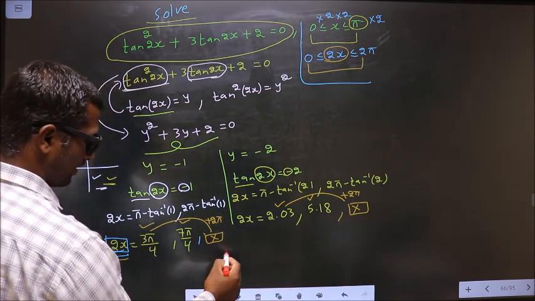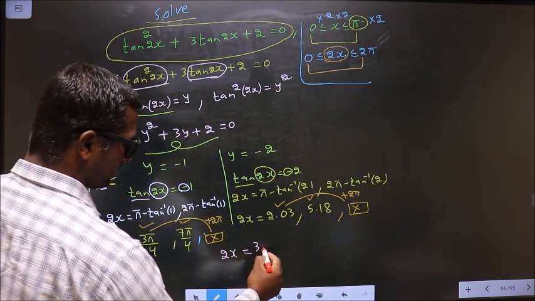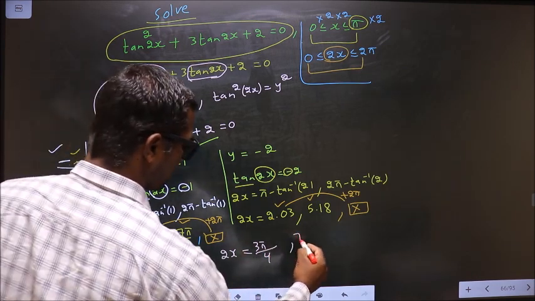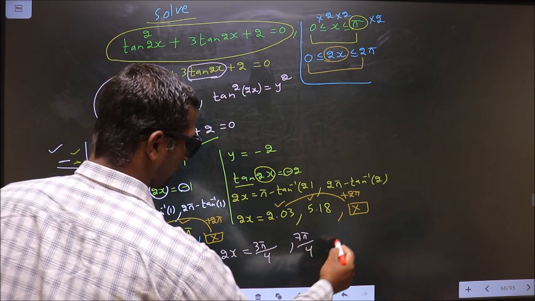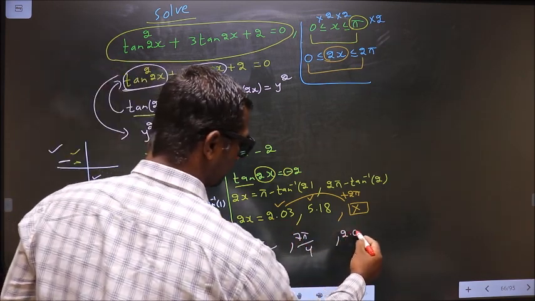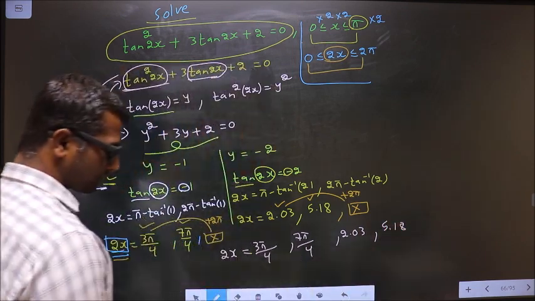So the values we got for 2x are 3 pi by 4, 7 pi by 4, and here 2.03, 5.18.